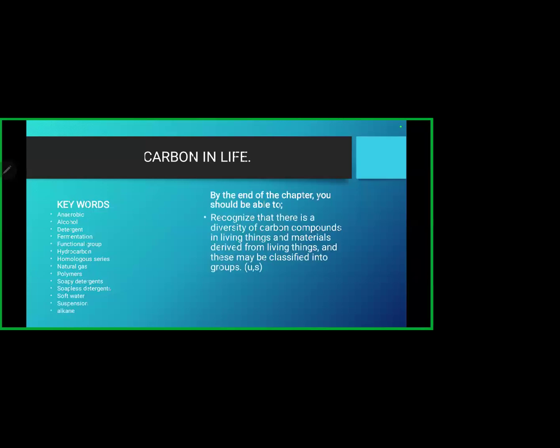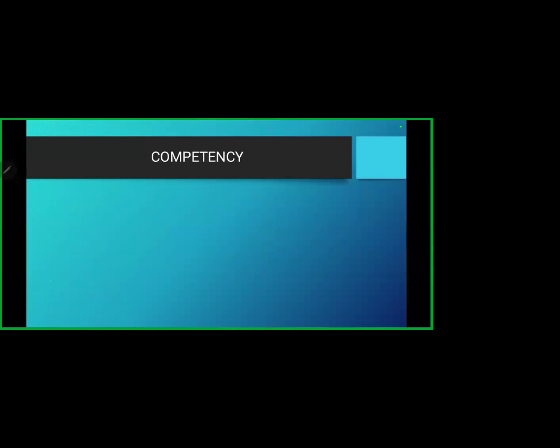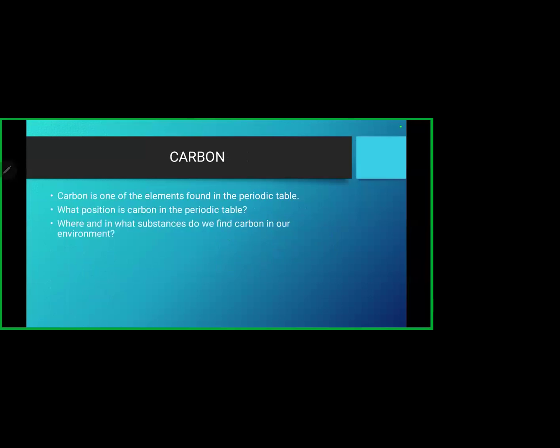So we said they have a general formula of CnH2n+2. And we said alkanes is one of the homologous series. And like we saw, they have the same general formula. So whether you want to find how many carbon atoms and how many hydrogen atoms are in ethane, you'll use that formula.